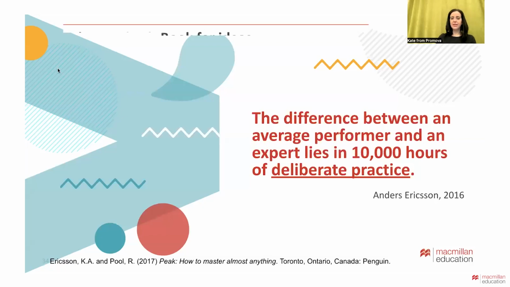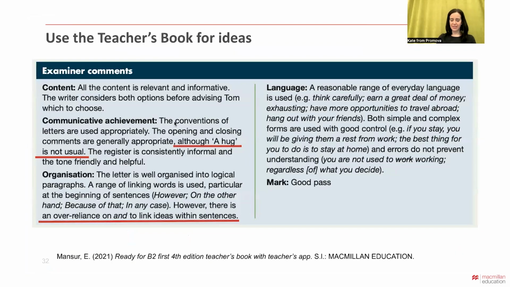And why we're doing this is that there's a very good reason for that. This reason has been discussed in quite a few books recently, but it was originally introduced by Anders Ericsson, who's a researcher and a scientist, and he looks into learning, and he looks into how people turn into experts.